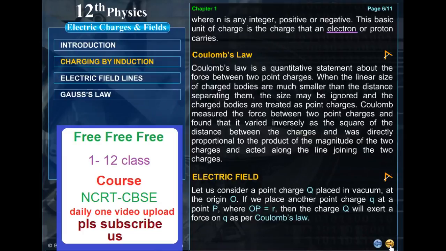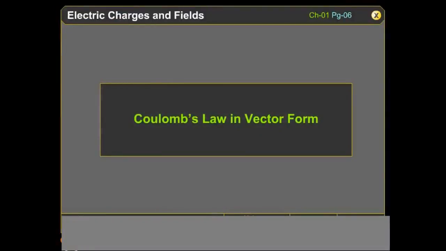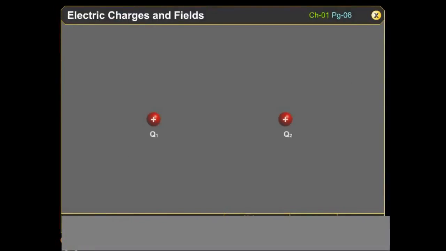Coulomb's law. Coulomb's law in vector form. If Q1 and Q2 are the strengths of the two like charges separated by a distance r, then the forces exerted by the similar charges on one another are equal and opposite. That is, vector F12 is equal to minus vector F21.